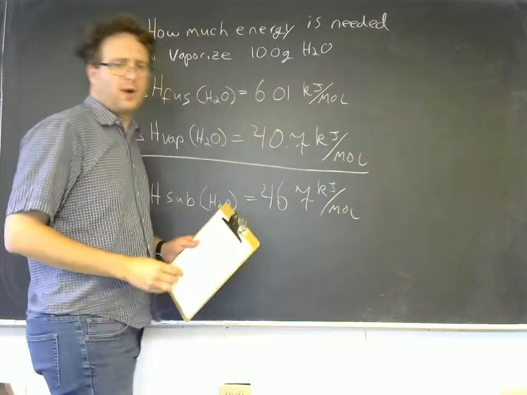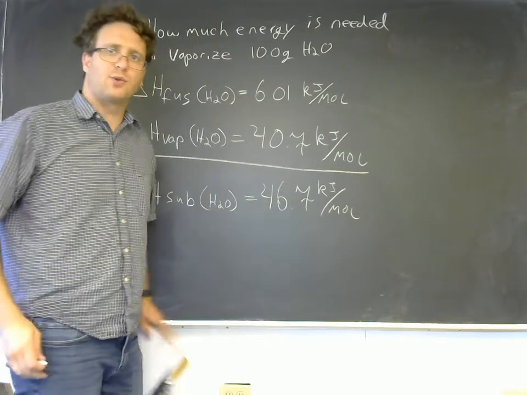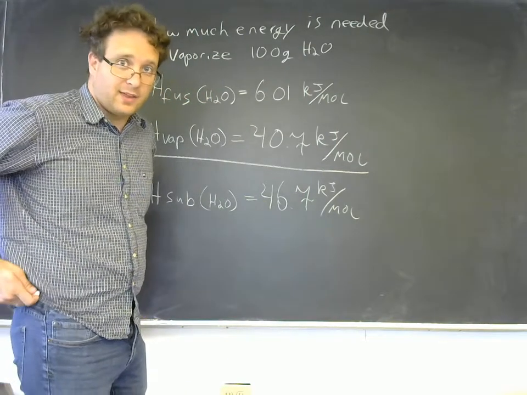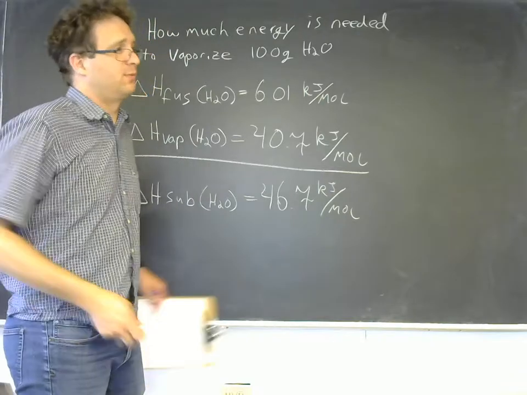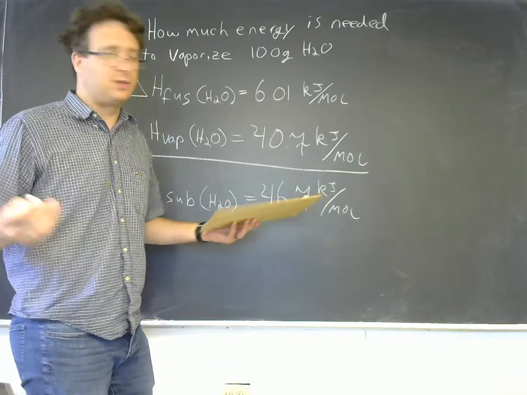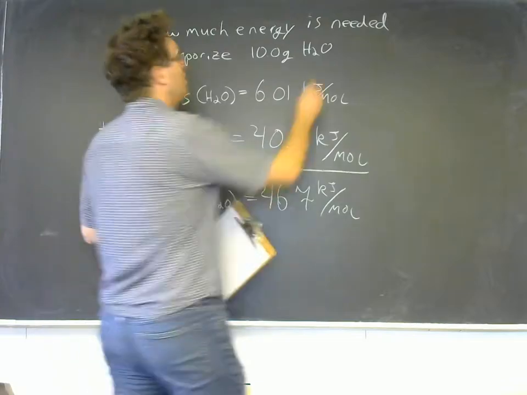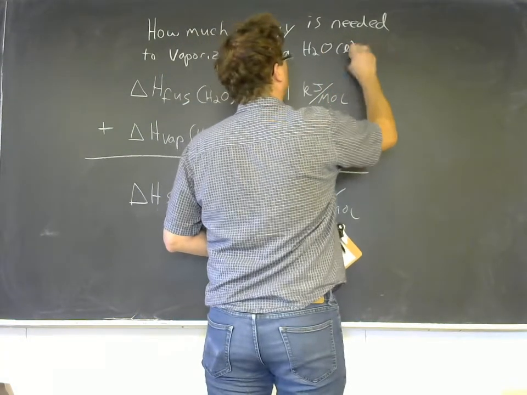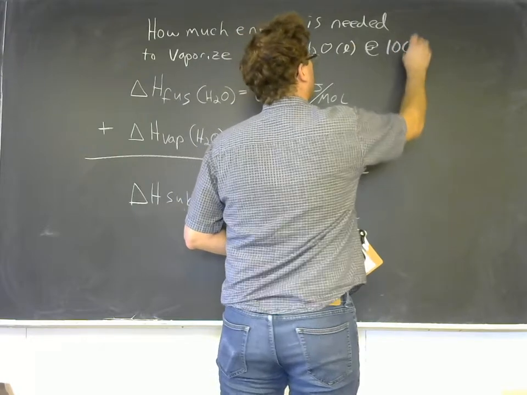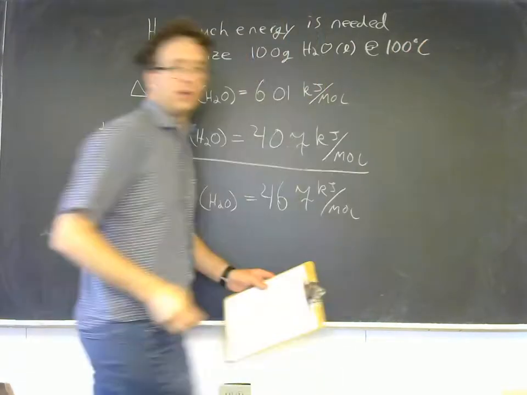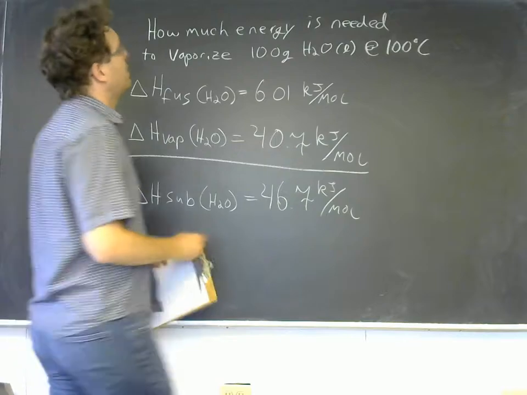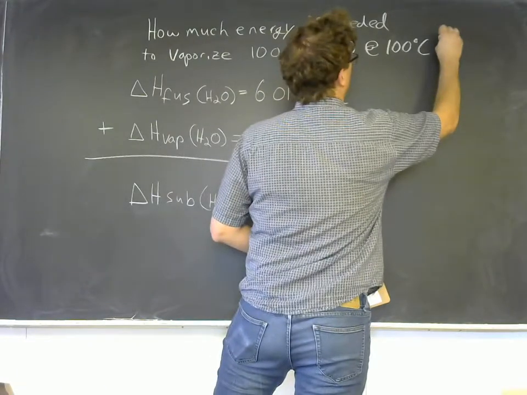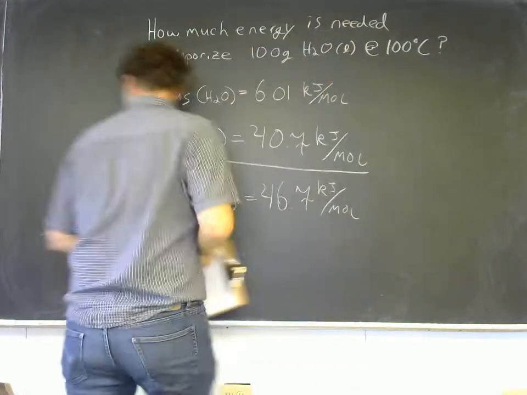And we're going to want to be very careful here and make sure the water is already at the boiling temperature. So we don't need to heat up the water at all. We just need to make that transition from liquid to gas. So I'll say at 100 degrees Celsius, the boiling point for water. So how much energy is needed to vaporize 10.0 grams of water at 100 degrees Celsius?